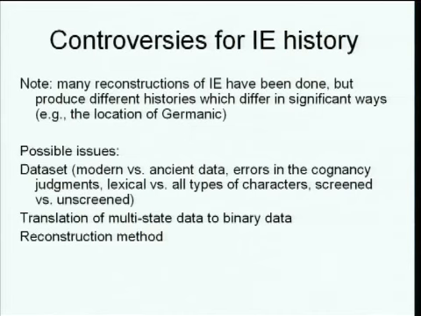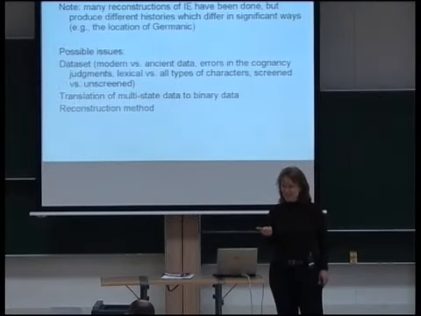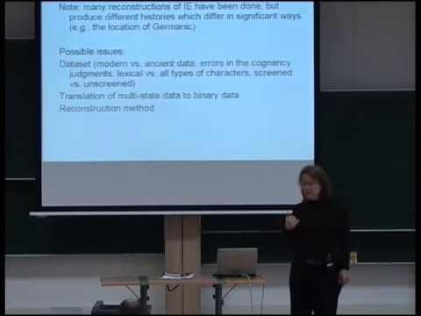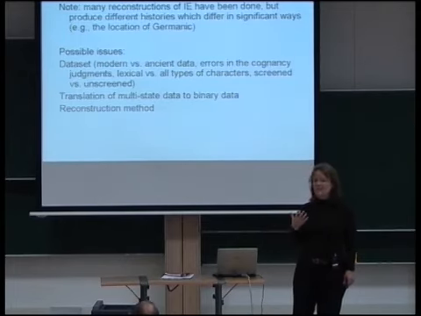Some of the issues that might explain why we see these differences are that they start with different data sets, they have used different kinds of data, they treat the data differently, and they use different kinds of methods to do the reconstruction. There's all sorts of ways in which these methods have differed, both in their fundamental data and what they've done with the data. And so, trying to understand what's causing the differences is itself an interesting question.